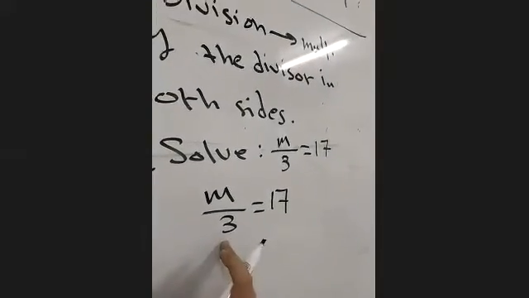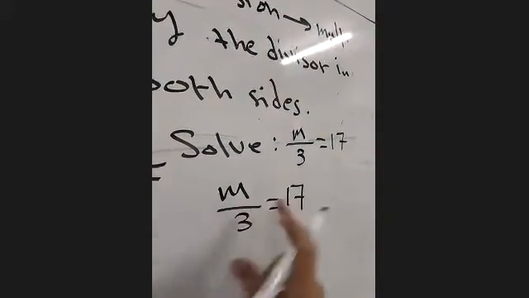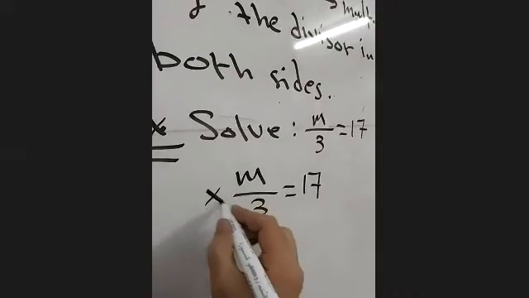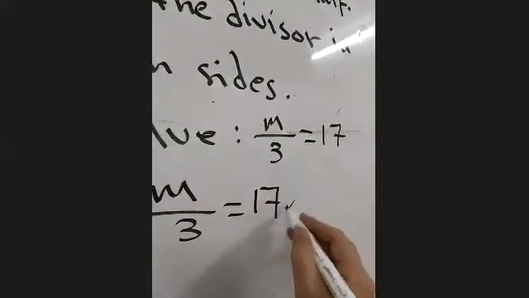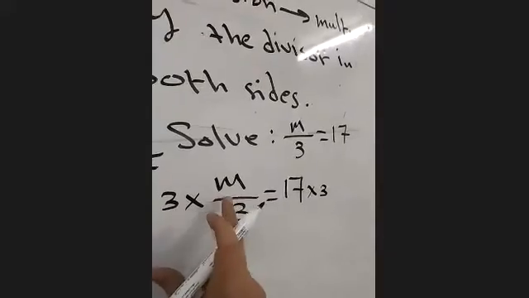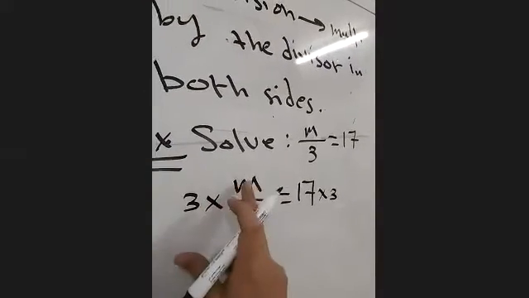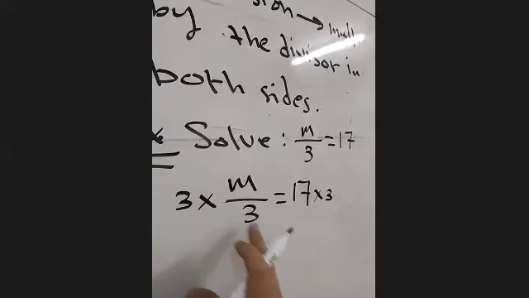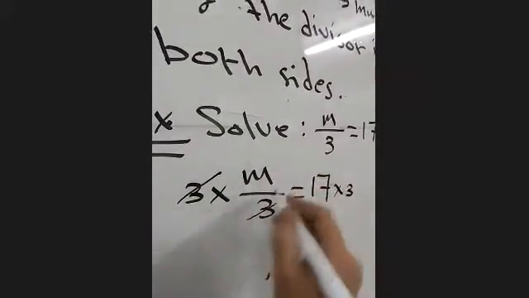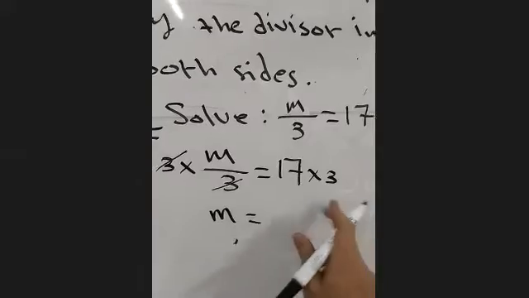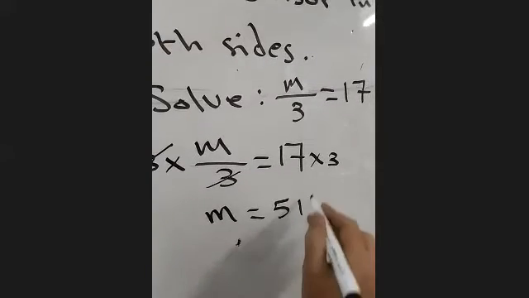The divisor of the variable is 3, so I'll multiply both sides by 3. Now 3 multiplied by m is 3m, divided by 3, the 3 with the 3 will be 1. So they are crossed, and here still m equals 17 times 3, I think it is 51.